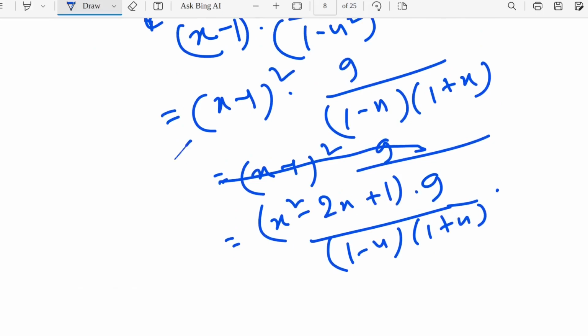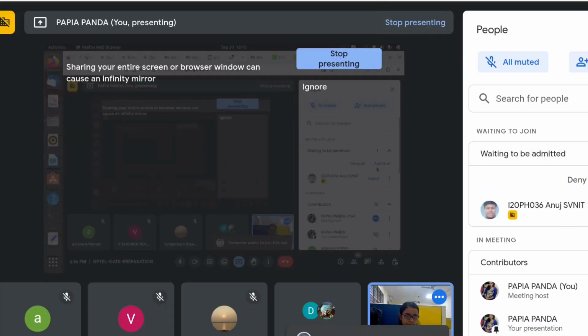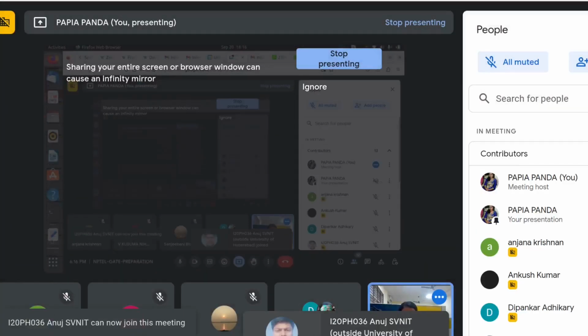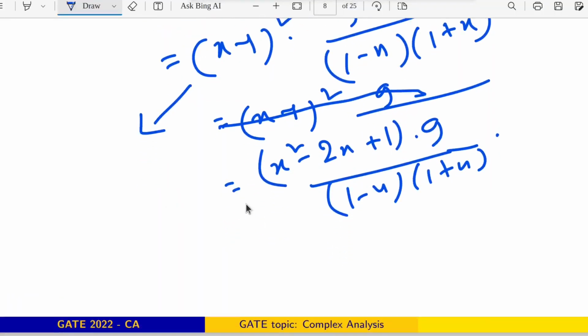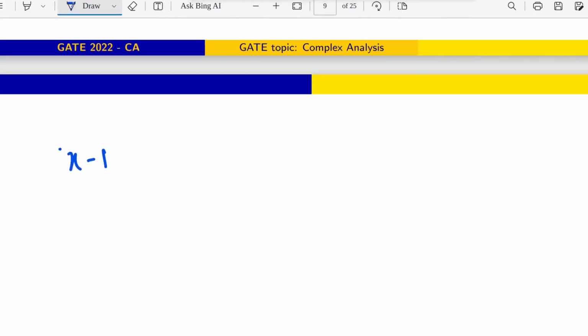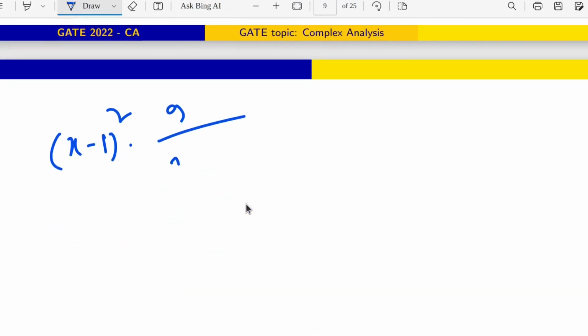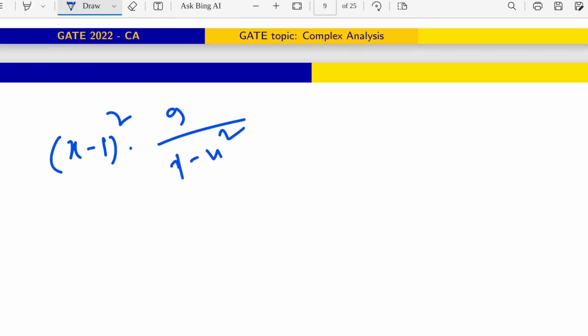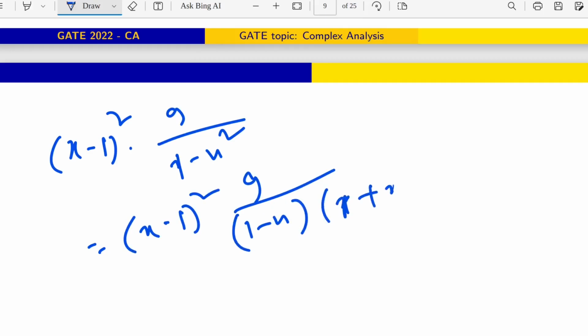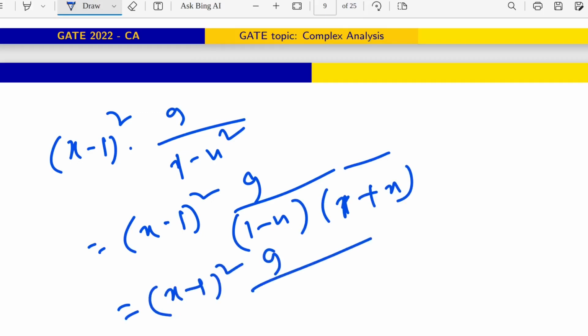So that I can also write as x minus 1 whole square times 9 by 1 minus x square, which is 9 divided by (1 minus x)(1 plus x). That equals x minus 1 whole square times 9 divided by minus of (x minus 1)(1 plus x).